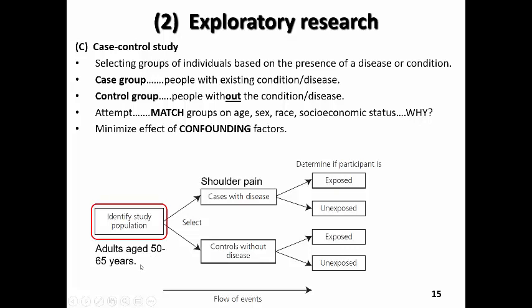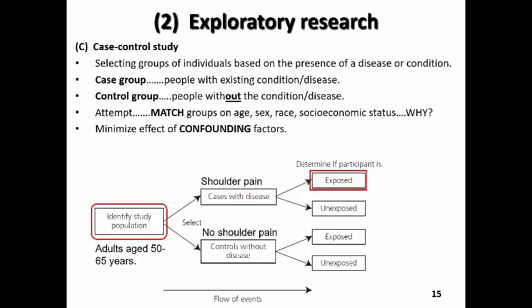If the researchers' question has to do with shoulder pain, the case group would include those adults in this age group that currently possess, and may be in the process of getting treated for, shoulder pain, and the controls do not have that condition, so no shoulder pain. The goal here is to determine if the participants are exposed or unexposed to a risk factor that may be bringing on, causing the shoulder pain.